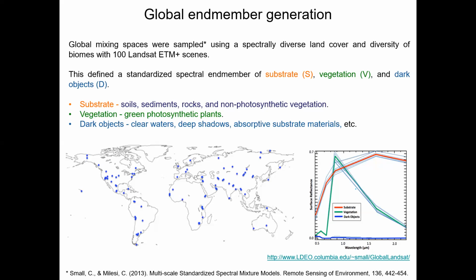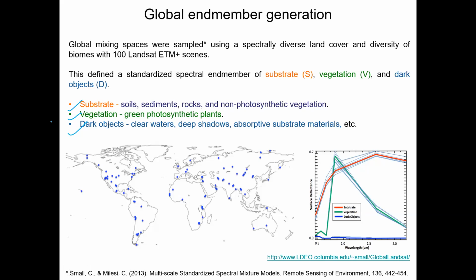And he published a paper in that year in the journal Remote Sensing of Environment, where he collected training data for 3 different classes: substrate, vegetation, and dark objects, where substrate represents soil, sediment, rock, etc.